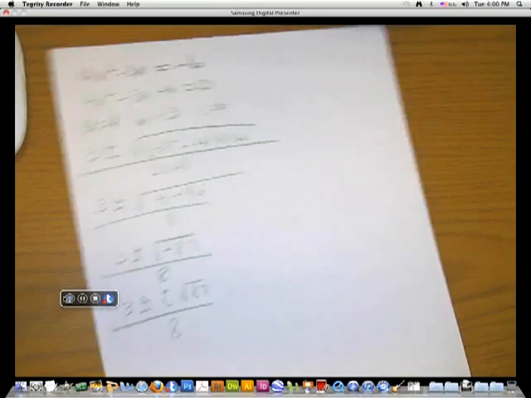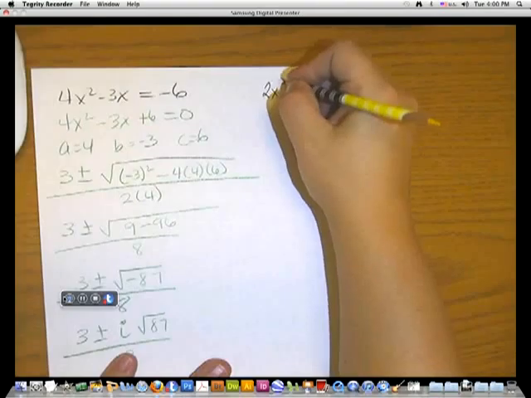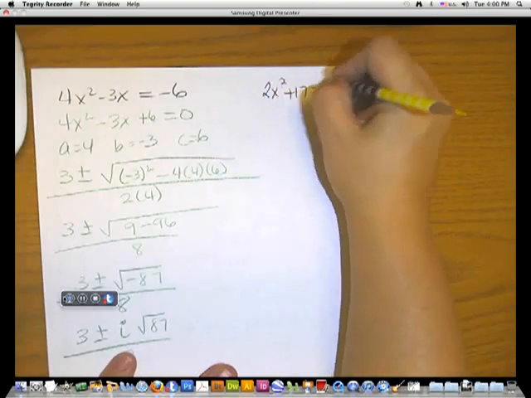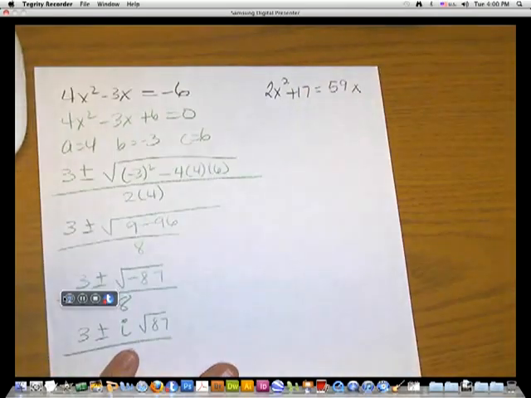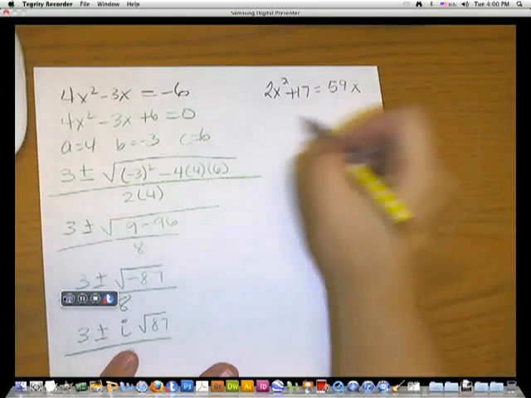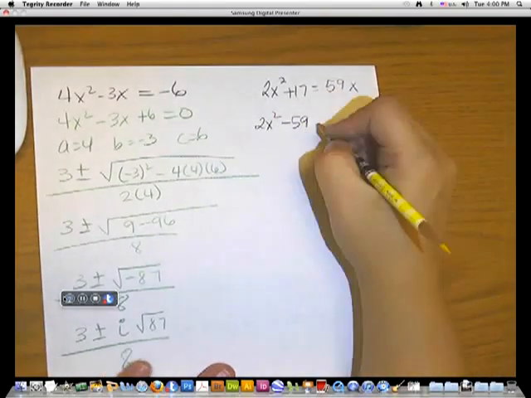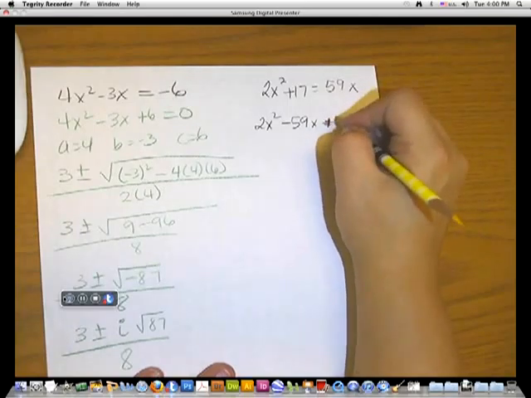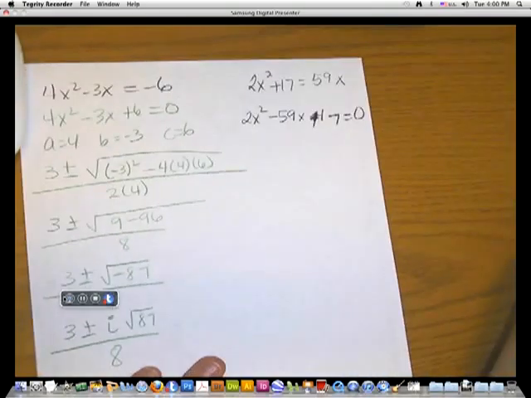We saw a whole one. So let's see what else we can do here. I have 2x squared plus 17 is 59x. Okay, so again, I need to put it in the proper order. So I'm going to have 2x squared minus 59x plus 17 is equal to 0.